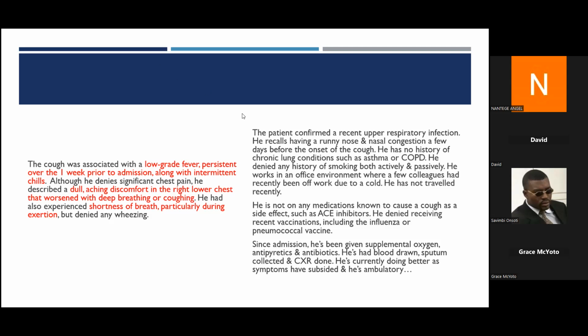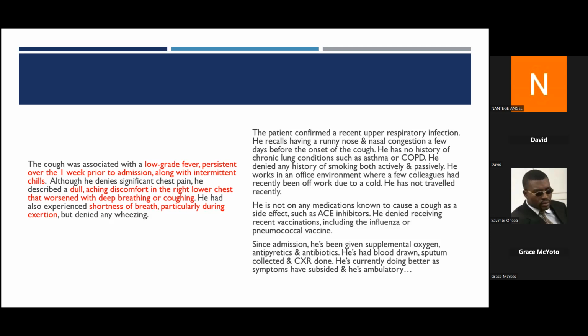Thank you. So here, the patient confirmed a recent upper respiratory infection. The patient described it as a runny nose with nasal congestion, and this was before the onset of the cough. The patient has no other chronic lung conditions, the likes of asthma and COPD, and has no history of smoking.